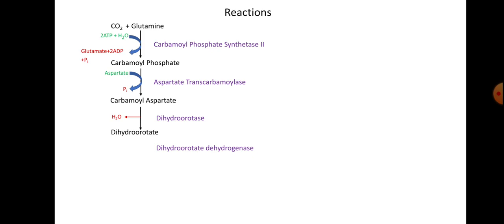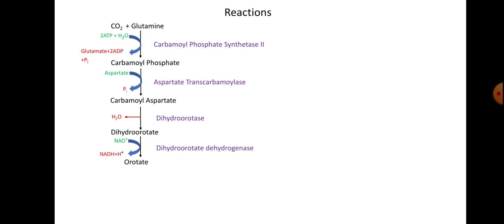Now, dihydroorotate will be oxidized by a NAD dependent oxidation reaction by the help of the enzyme dihydroorotate dehydrogenase into orotate, and obviously NAD will be reduced to form NADH and H positive.